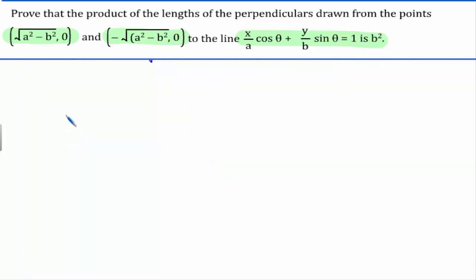Now similarly we will consider the second point, (minus square root of a square minus b square, 0), and the equation remains the same.